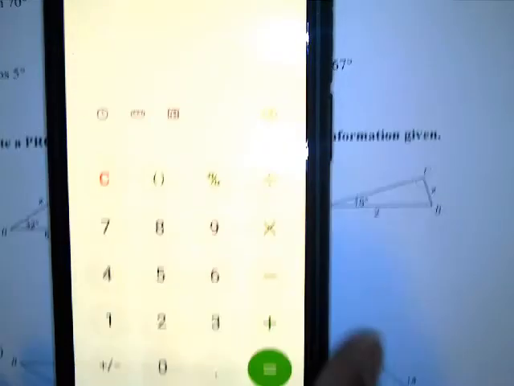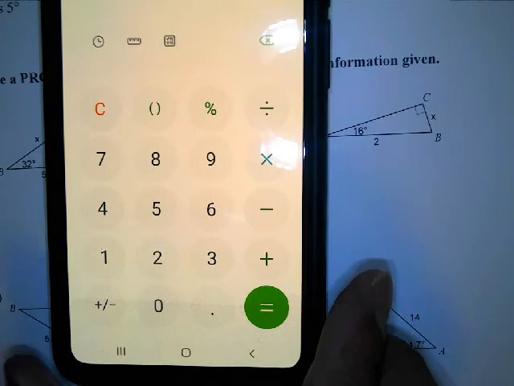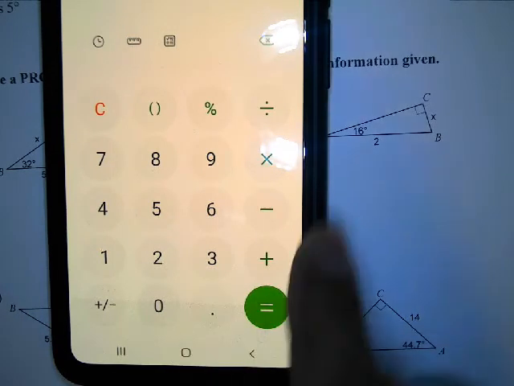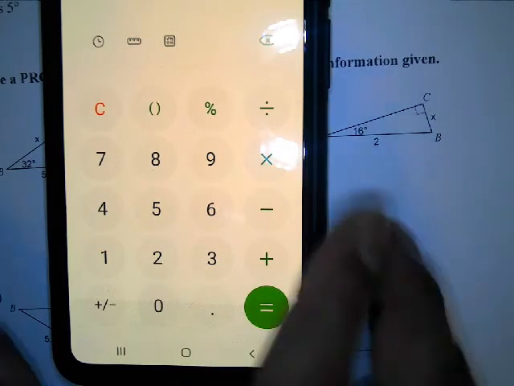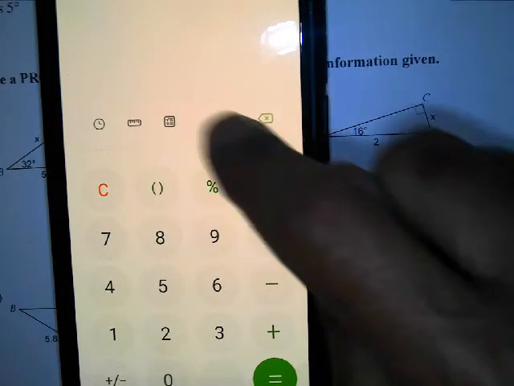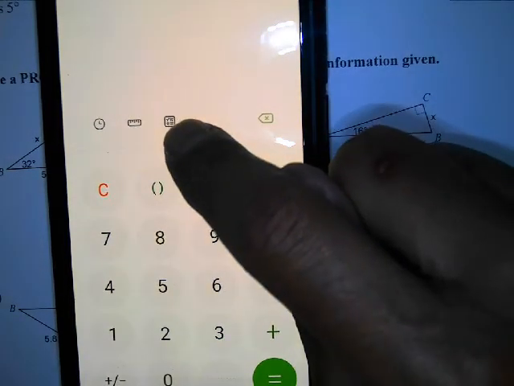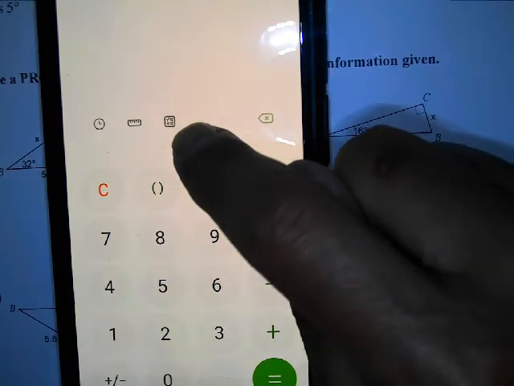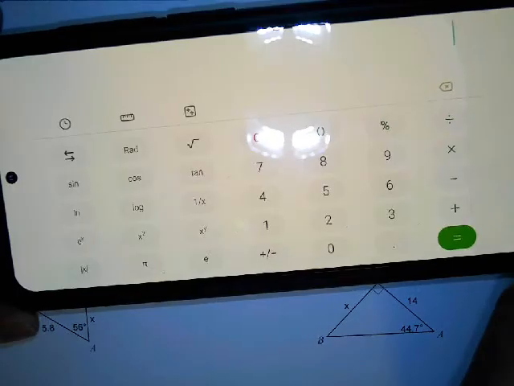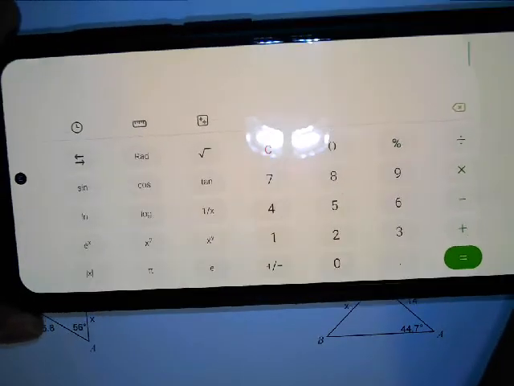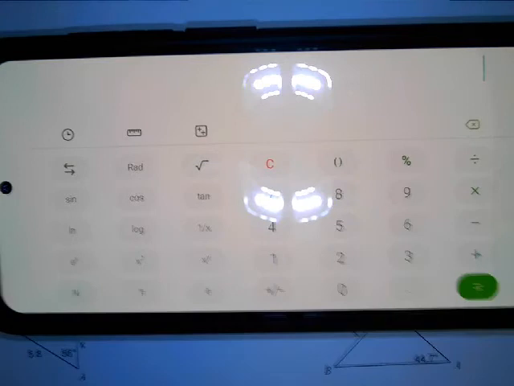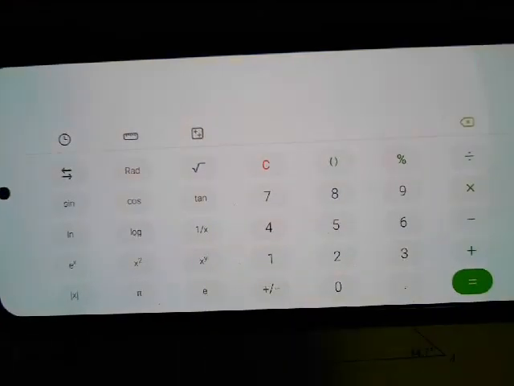Okay, so when I have it regular upright like this, all I see is the simple adding, subtracting, multiplying, and dividing. I have some icons here. I can hit this icon here, I can't really tell what it is. But honestly, if you just turn your calculator sideways without touching any buttons, you'll see here that you have, I don't know if you can see this really good, let me turn off this light.